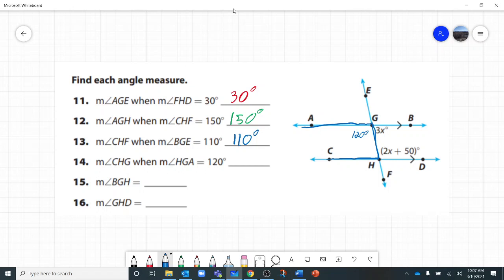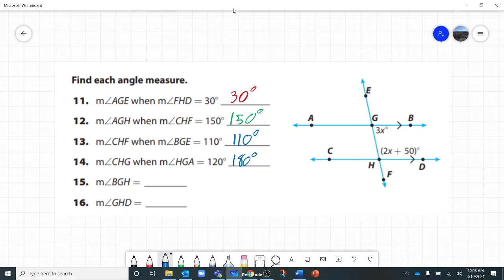So finally, one that's not just a straightforward, hey, this is the same angle. We're looking for this one right here. If the other one's 120 degrees, then this one has to be the remainder. So it's going to be 60 degrees, because that's how much more we need to get to 180 degrees.